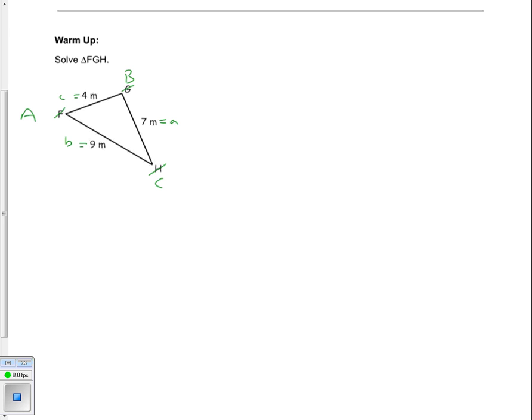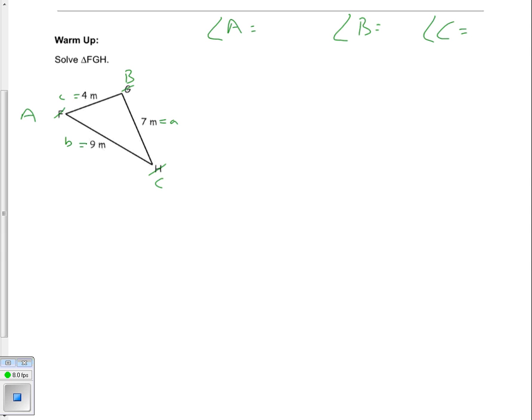Okay, so we need to figure out the three angles. So we're looking for angle A, angle B, and angle C. We don't know what any of those three angles are. So let's start off with figuring out one of them.